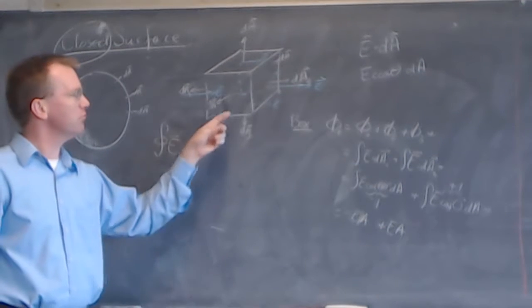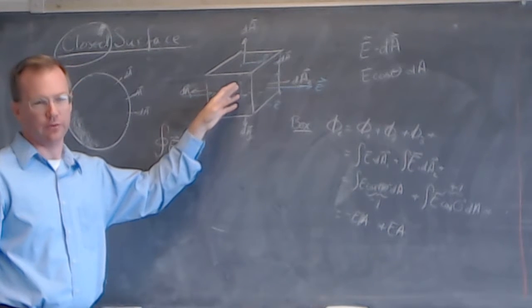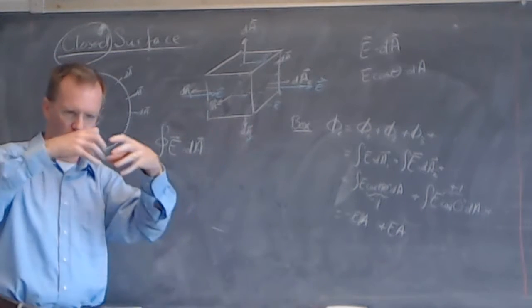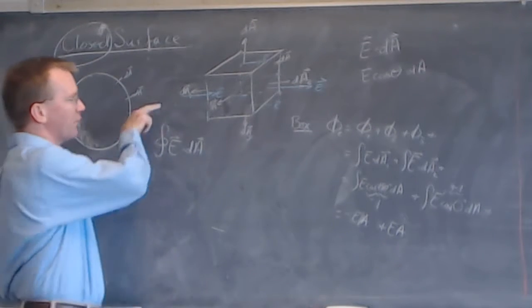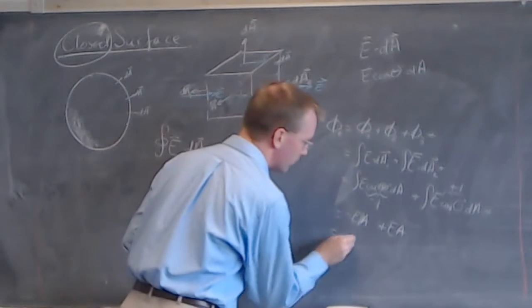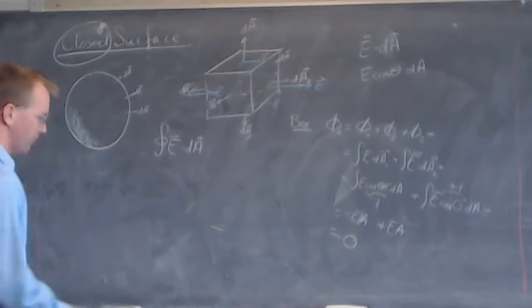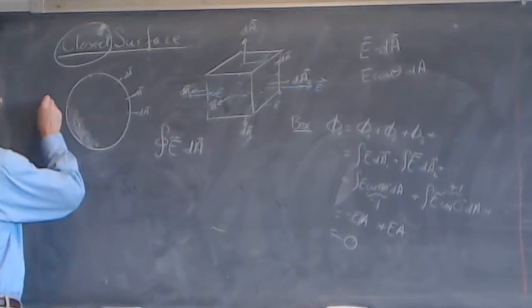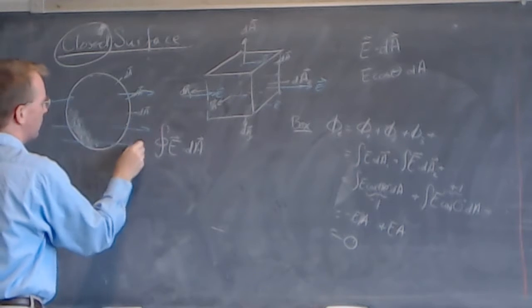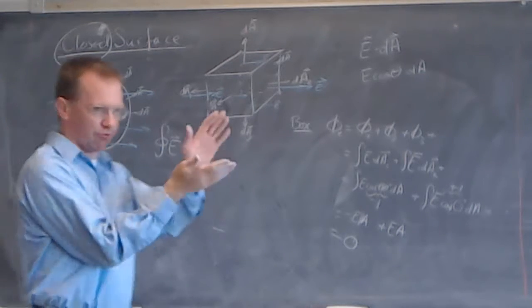As long as there is no charge, either positive or negative, inside the surface, because rays emit from that or all go in on it, then whatever comes in has to go out. And then the total flux winds up being 0. The same would be true for a sphere. Proving it would be more complicated. The angles are all different.